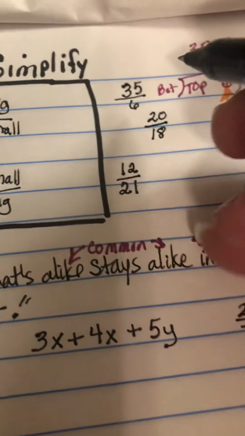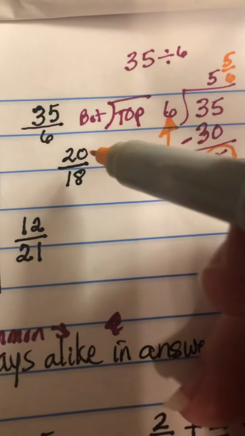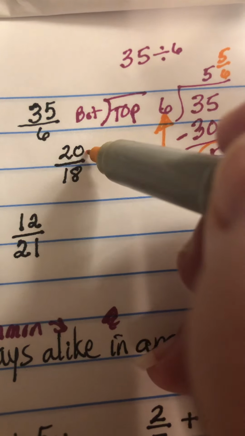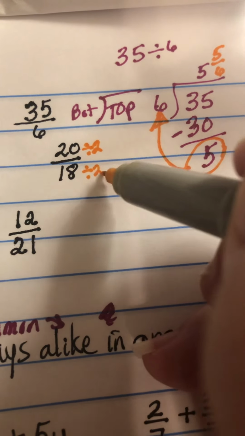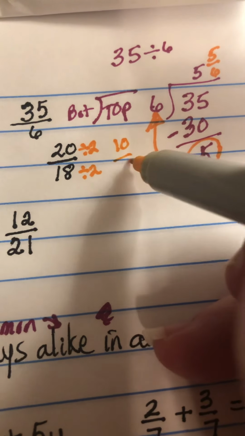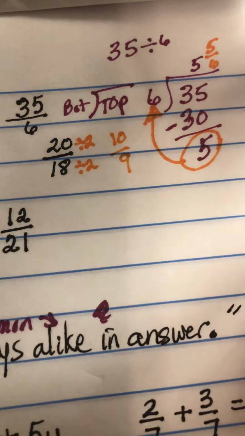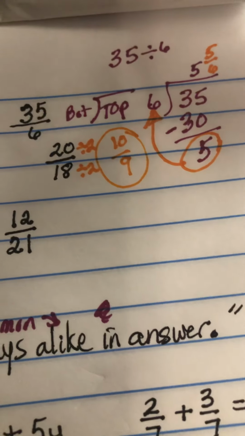I would treat it just like I will if it's the small ones on top, where you look to see what can they both be divided by. Like both of these could be divided by 2. And you always use the same number on top and bottom when you do your division. So that gives me 10 over 9. And 9 and 10 don't have anything else in common with each other, so that would be the reduced fraction for that one.